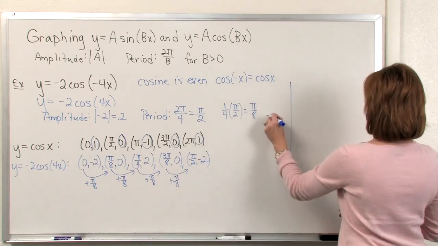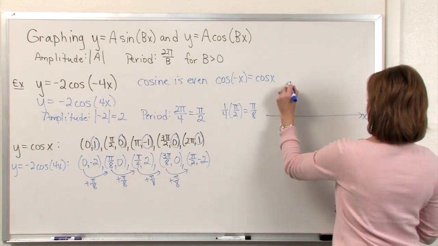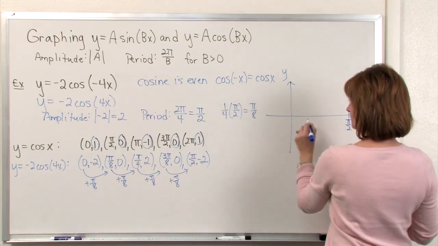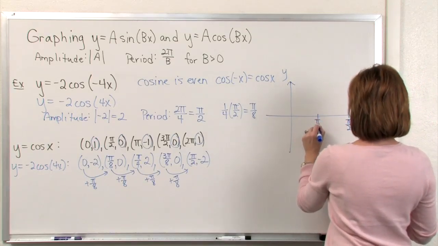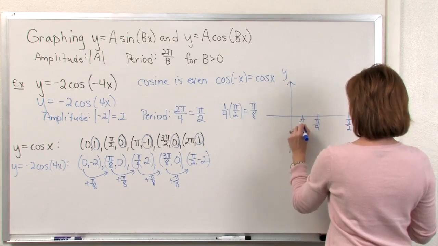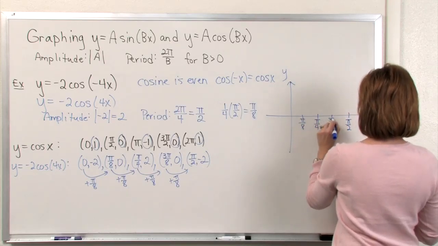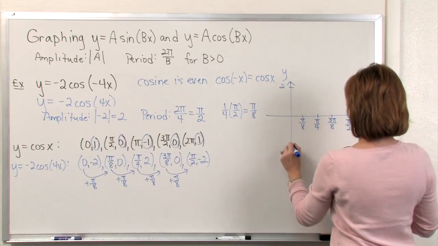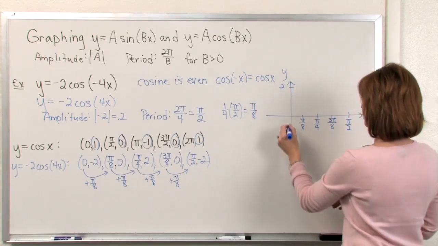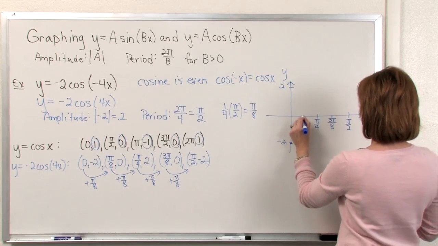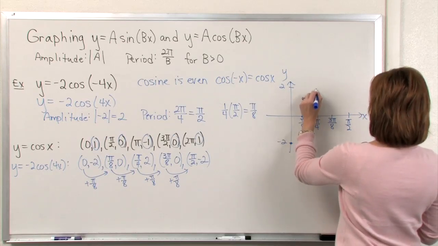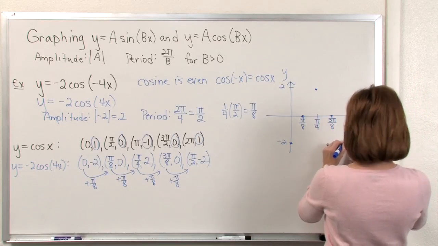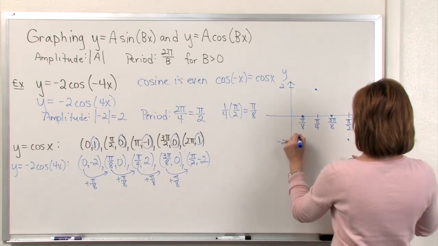Let's look at that graph. So we have 0, negative 2, pi over 8, 0, pi over 4, positive 2, 3 pi over 8, 0, and pi over 2, negative 2.